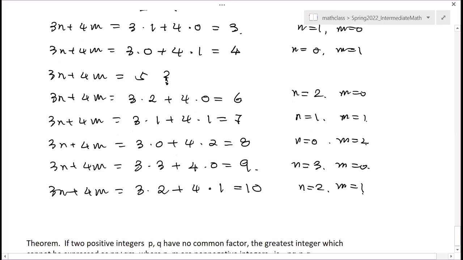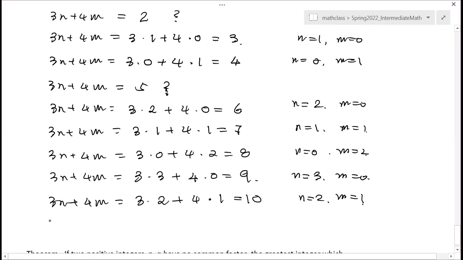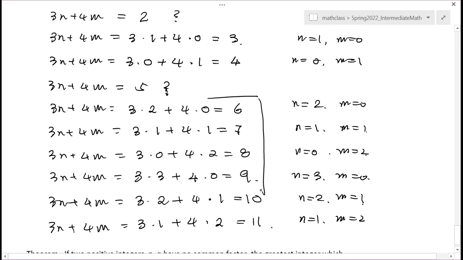And then you will see 11 works: 3 times 1 plus 4 times 2, n equals 1, m equals 2. So you keep it going. I guarantee you, this can always be done, no matter how large the number is. So that's the phenomenon we've discovered.